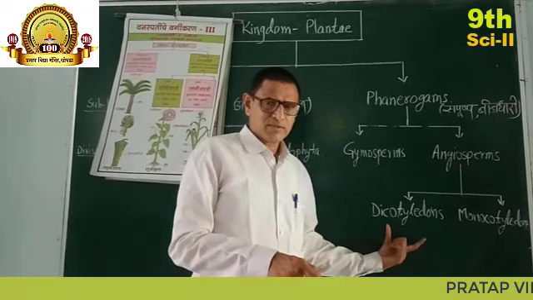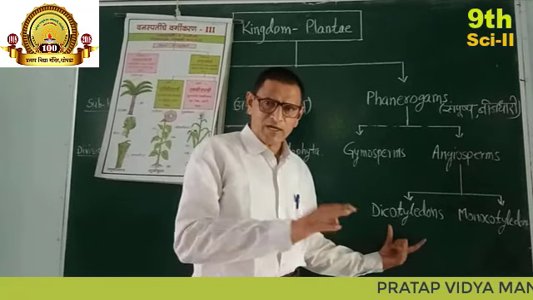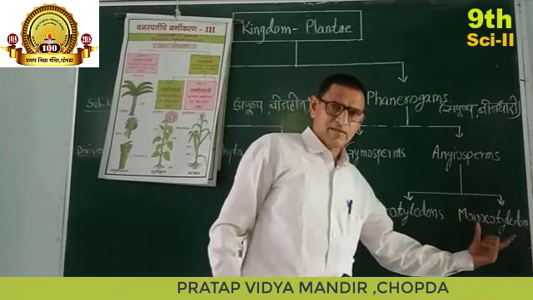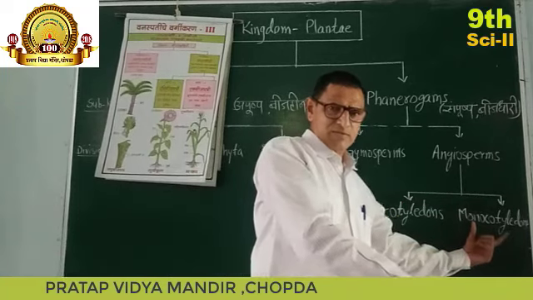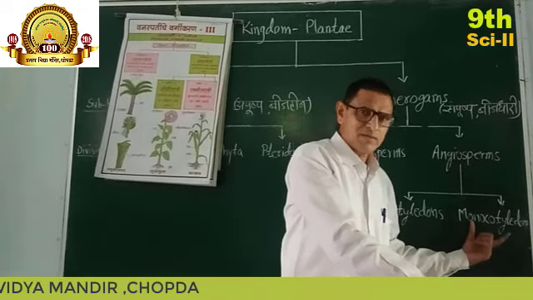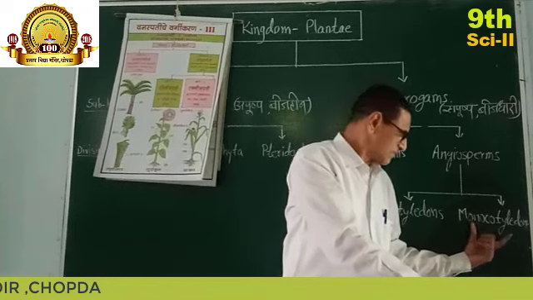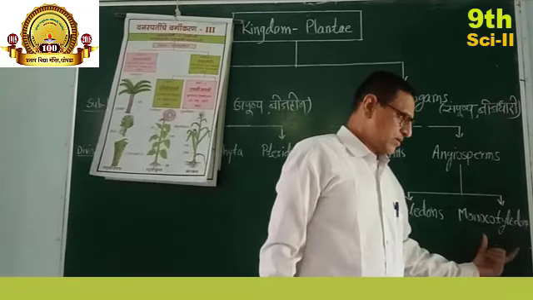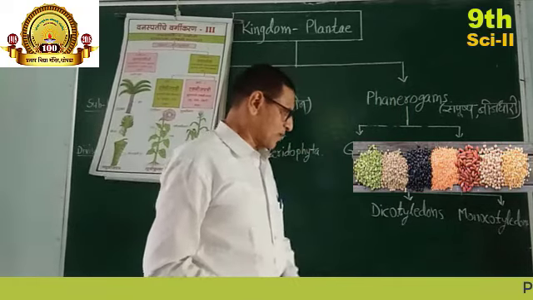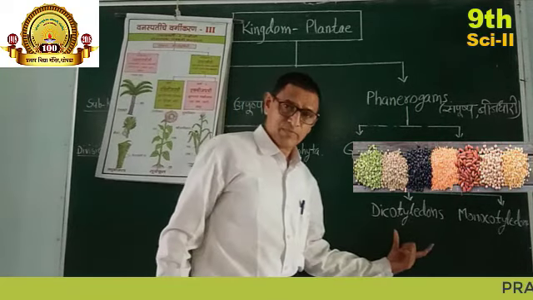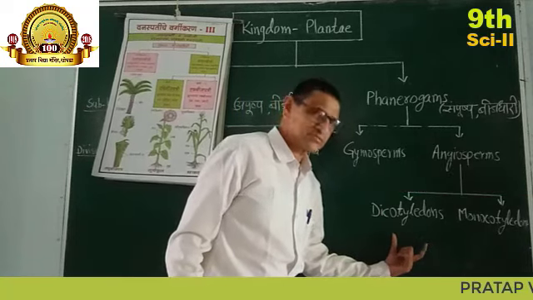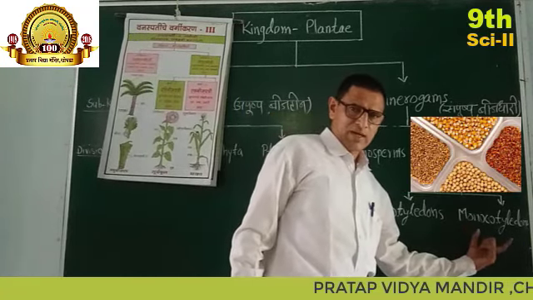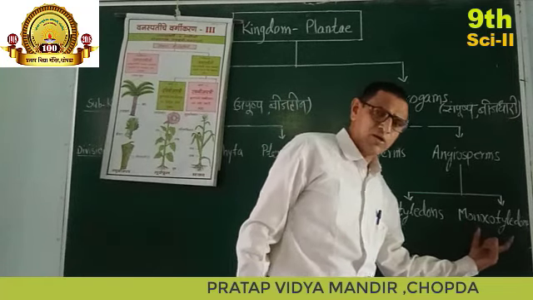If the seeds are not divided into two equal parts, then that particular plant is a monocotyledon. Generally, all the pulses are dicotyledon and all the cereal plants are monocotyledon.